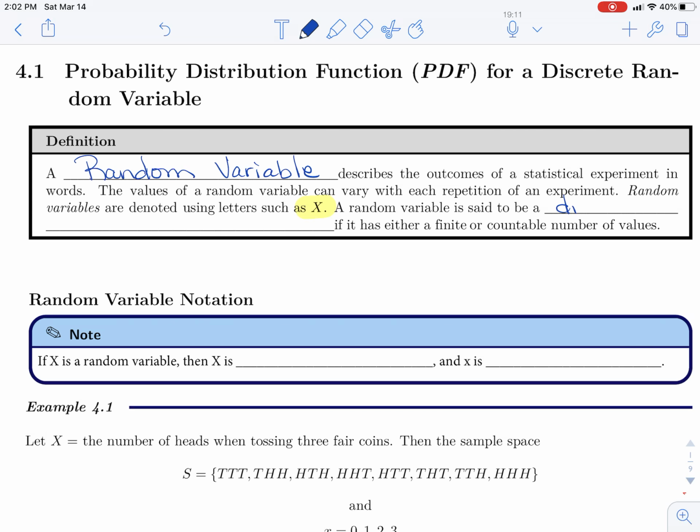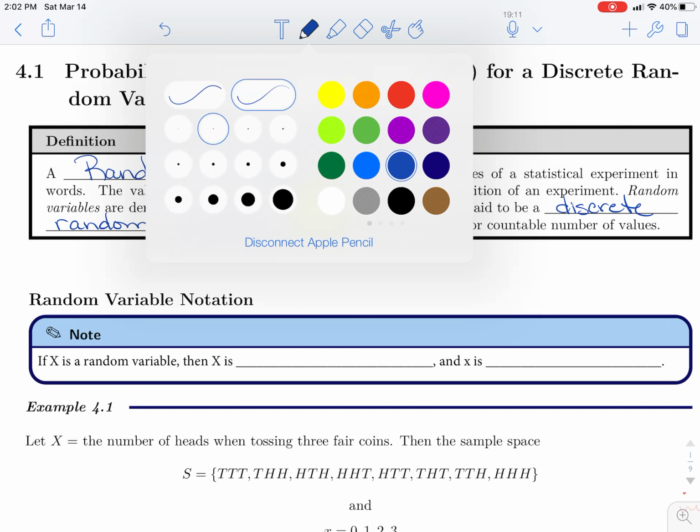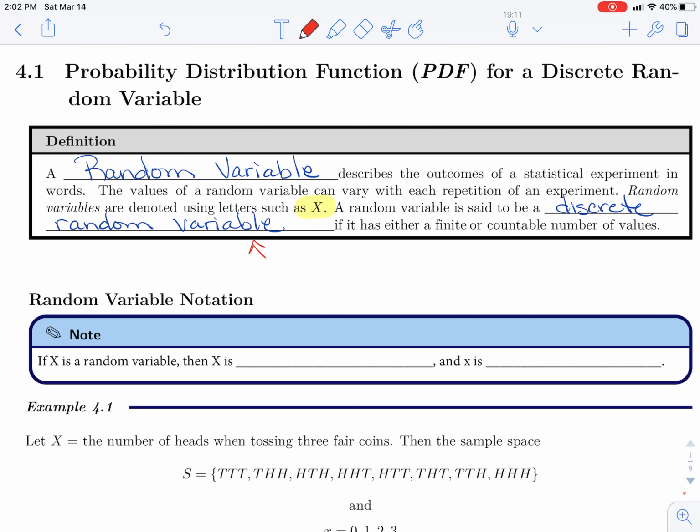So if it says it is a discrete random variable, that means that it has a finite or countable number of values, so we can actually list them. We can list all possible number of outcomes.